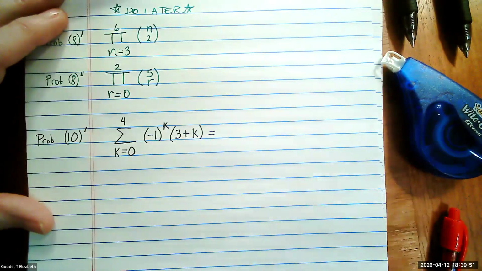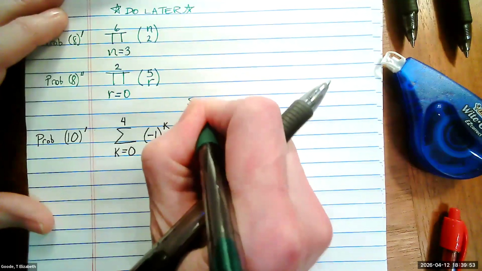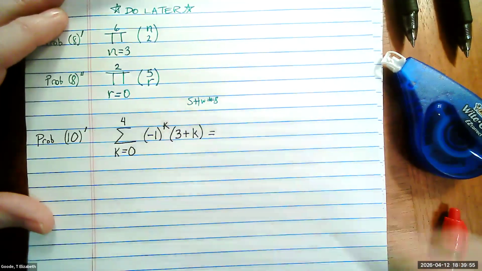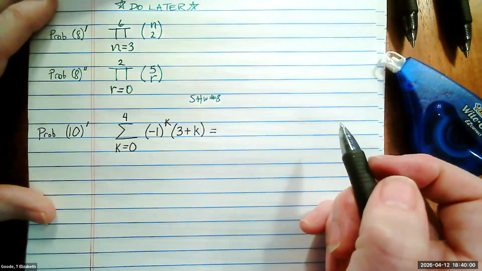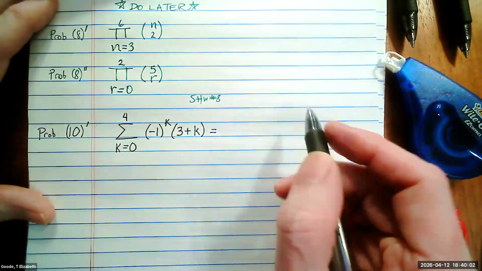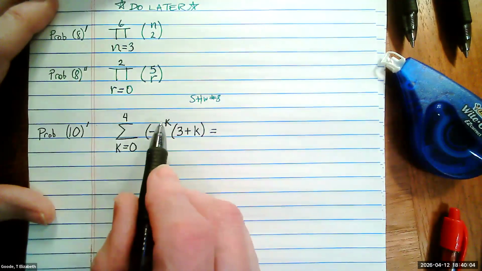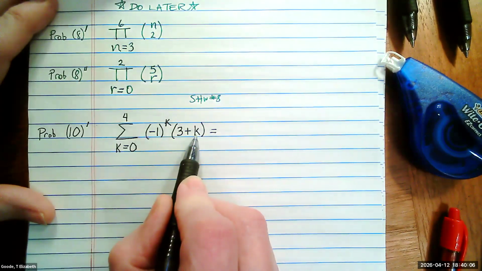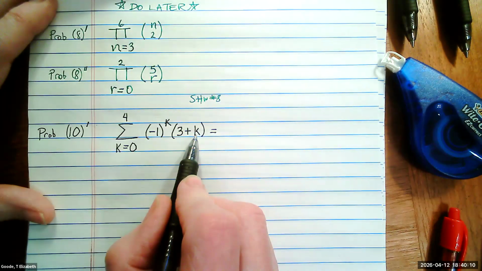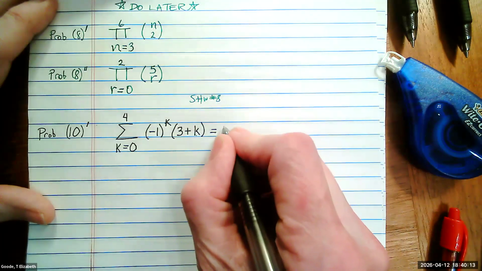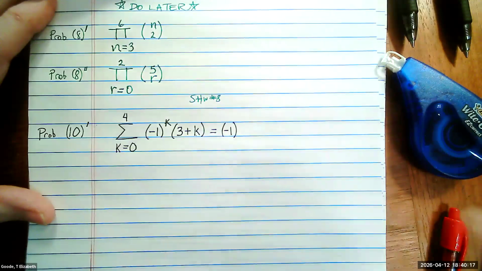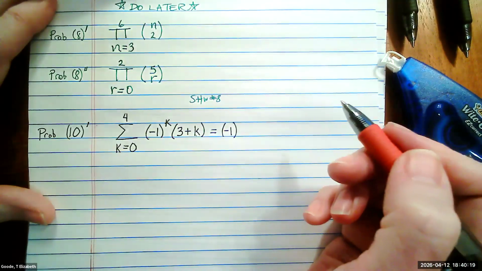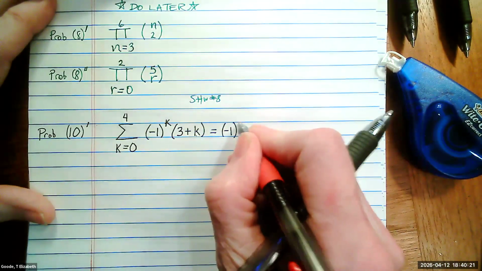Yeah, I'm ready. All right, so this is still special homework number 8. So where does our indexing start? The index is going to start at 0. Okay, so that means everywhere we see a k, we're going to put a 0 for the first term in the sum. You with me? Yeah, I'm with you. So the first term is -1 raised to the what? -1 raised to the first power.